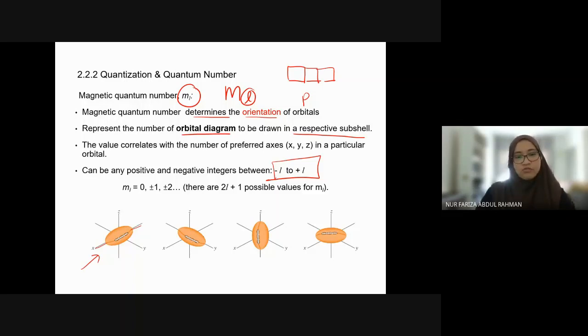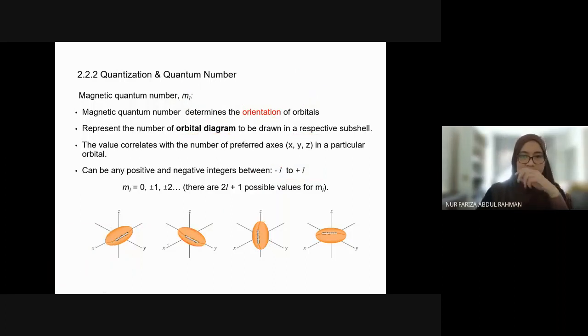So this is Y axis, this is Z axis, this is between X and Y. So the orientations are all different. Nampak tak? Shape sama, tapi orientation berbeza. That will be ML. This is ML. Based on the rule that we have here, let me clear everything off first.